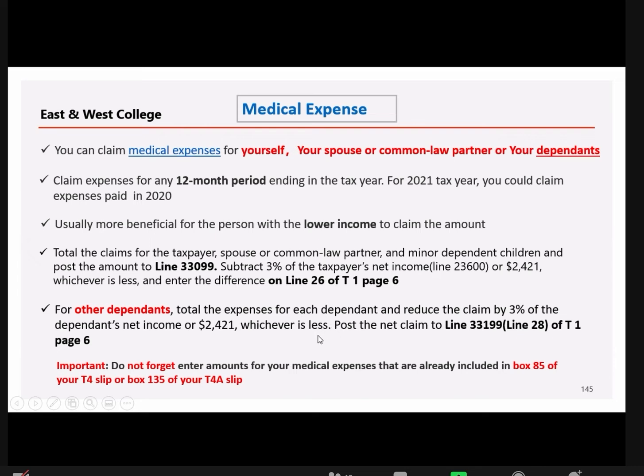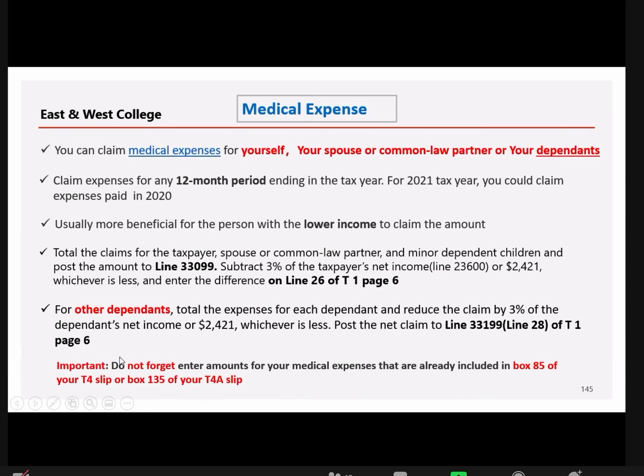If 3% of net income is smaller than 2,421, they take that 3%. If it's bigger, like 3,000, then they subtract 2,421. That's on line 33199.